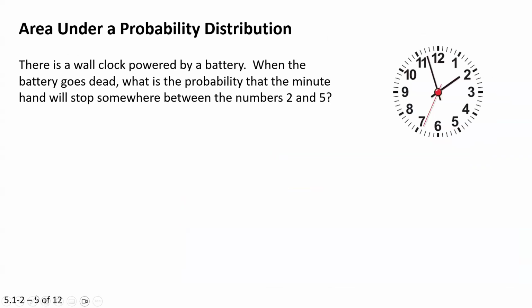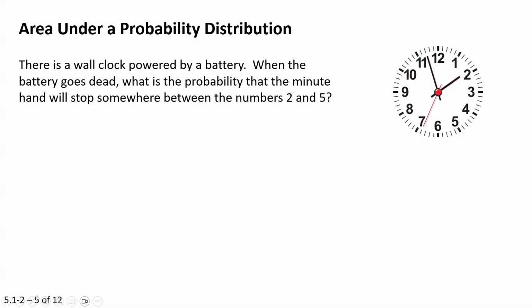Okay, so let me take you to a less discrete kind of problem here. Let's say that this clock on this opposite wall over here, it's a face clock, not a digital clock. It's running on a battery, and that battery is going to run out. Let's take a look at the minute hand on that one. The minute hand on this one is between the 11 and the 12.